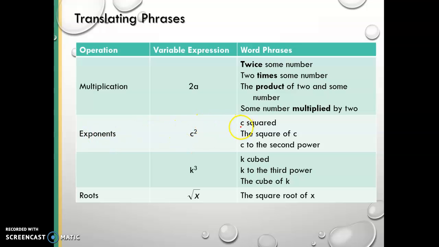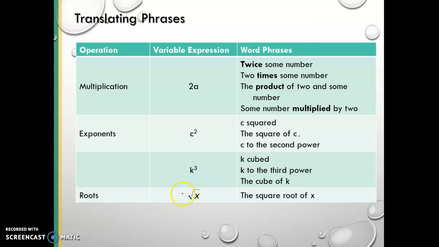If you write it down, it will be c squared, the square of c, c to the second power, or c to the power of 2. We have k cubed, k to the power of 3, k to the third power, or the cube of k.